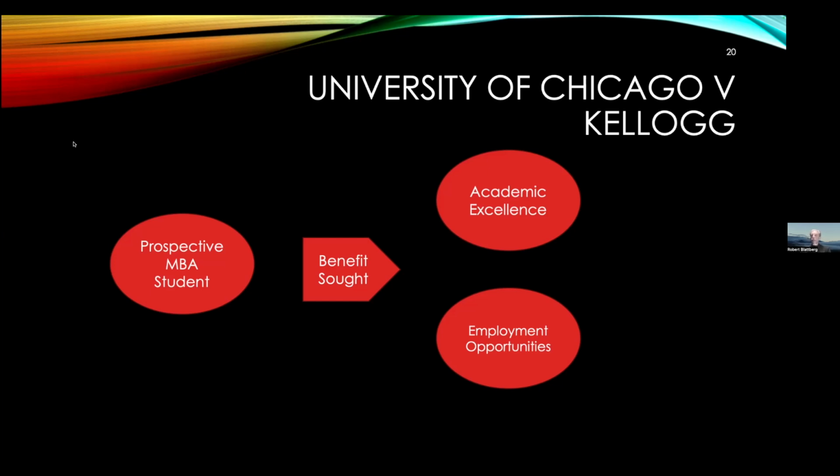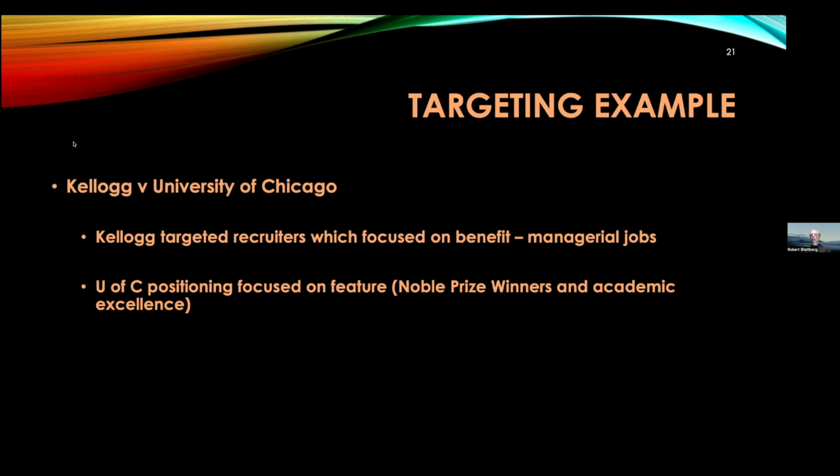So one of the issues became: Kellogg targeted recruiters focused on a benefit, managerial jobs. The University of Chicago's positioning was focused on a feature, Nobel Prize winners in academic excellence. So when I was at the University of Chicago, there were probably 5 faculty members in the finance and economics area who won the Nobel Prize, like Gene Fama, who you may know that name, or Myron Scholes, the Black-Scholes model, or Merton Miller.